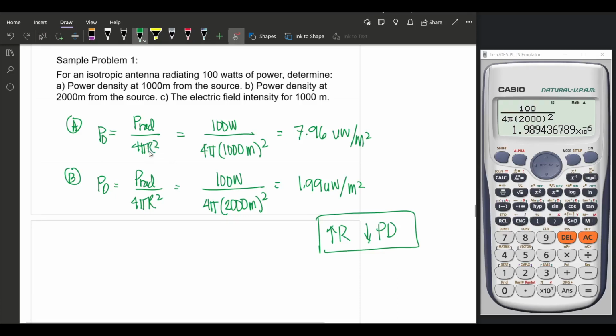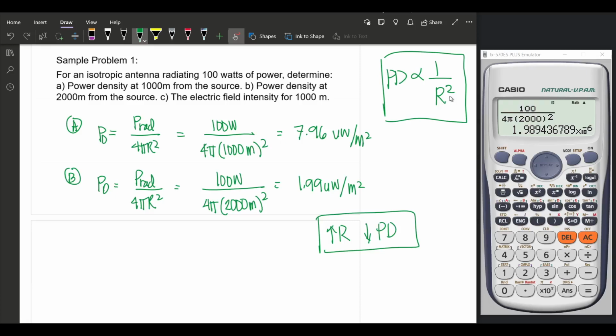So when this decreases, that increases, or when this increases, this decreases. They are related based on the formula, like this. So this is their relation: the power density is inversely proportional to the distance squared.